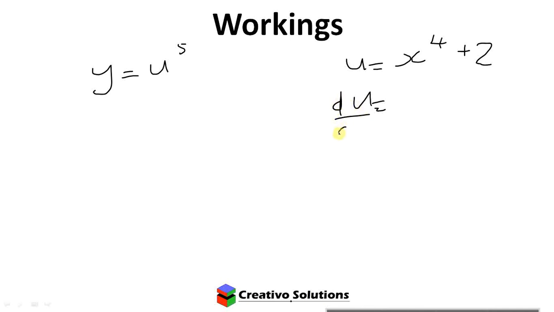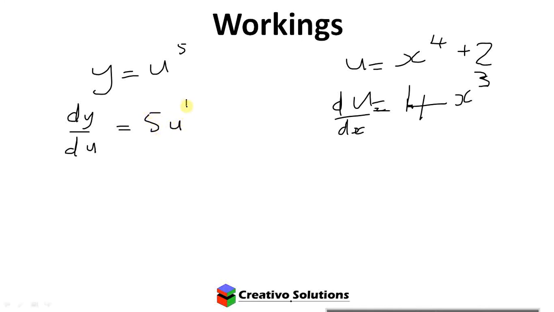So du over dx, 4x to the 3. Okay, so you got that. That's good. So far, so good. Next step. dy over du. Good. What would that be? Correct. 5u to the 4. Perfect.